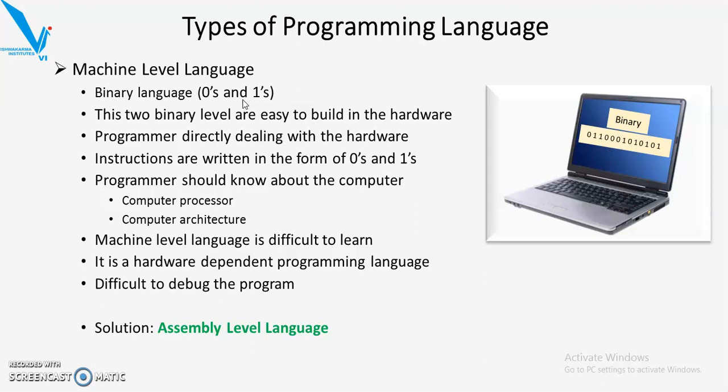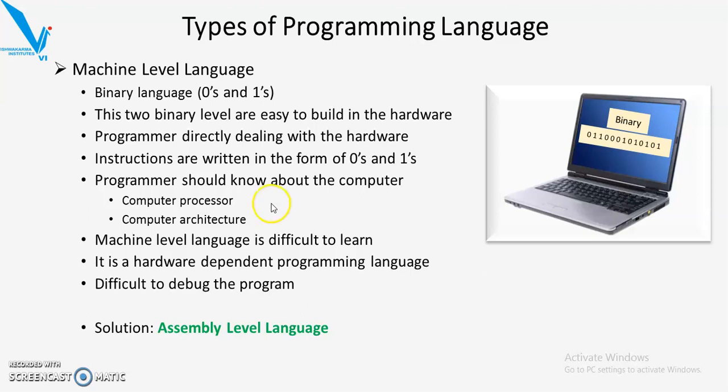This is the first type of programming language, in which instructions, program, code is written in the form of zeros and ones only, or a combination of zeros and ones. The program is directly dealing with the hardware, in this case directly working on the memory and the data.